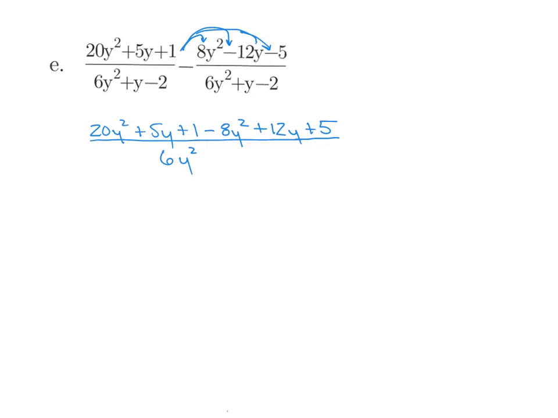Our denominators are the same, so I'm going to go ahead and keep it. And then we go ahead and combine our like terms. So we have 20y squared minus 8y squared gives me 12y squared.